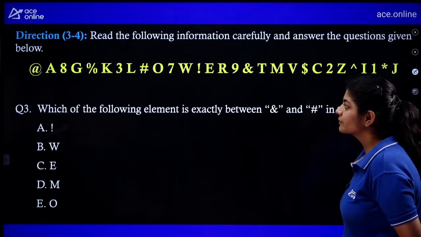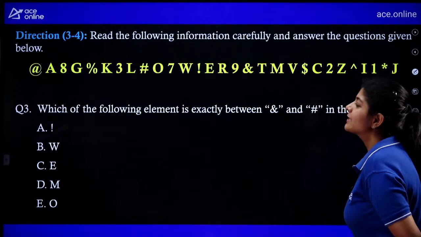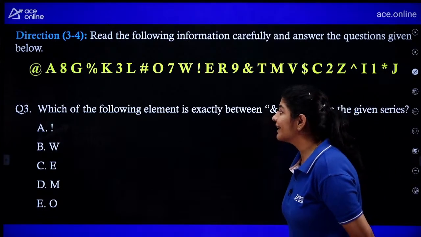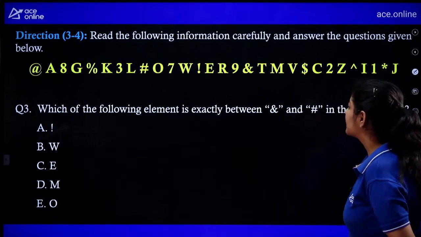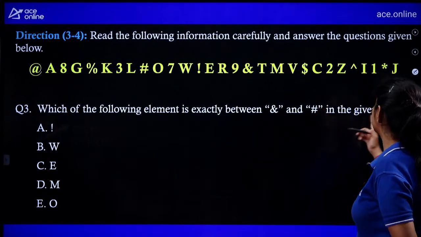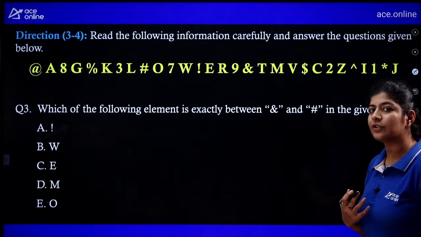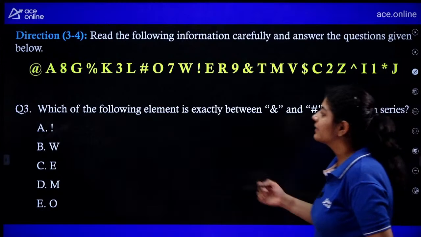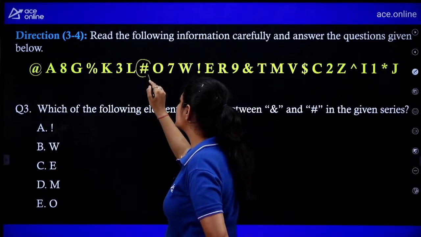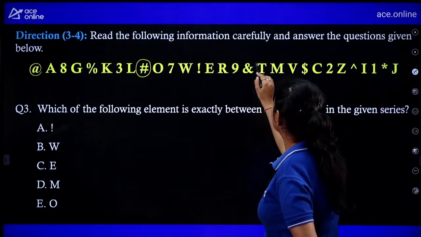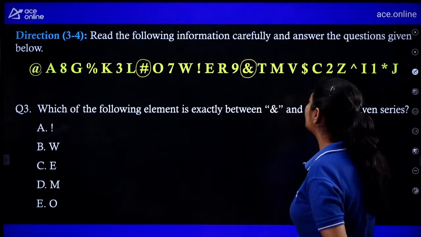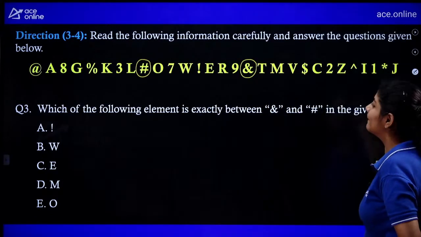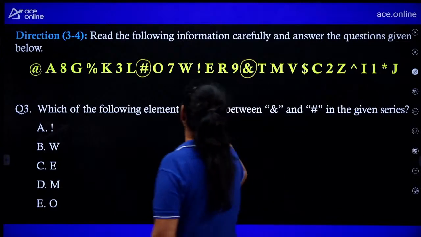Next one. The next question says, which of the following elements is exactly between end and hash in the given series? So first we need to determine where we have this. Here we are having hash and we are having AND. We need to find out the exact middle element that they are having.